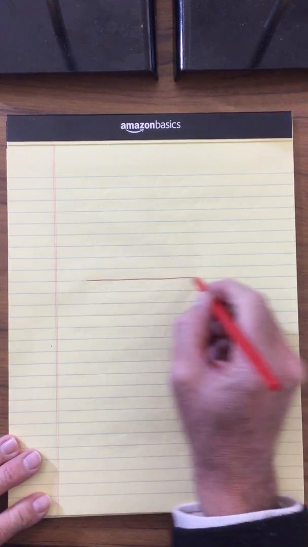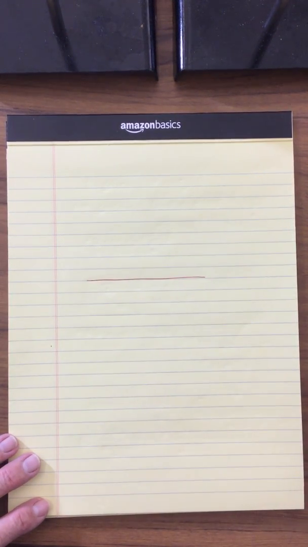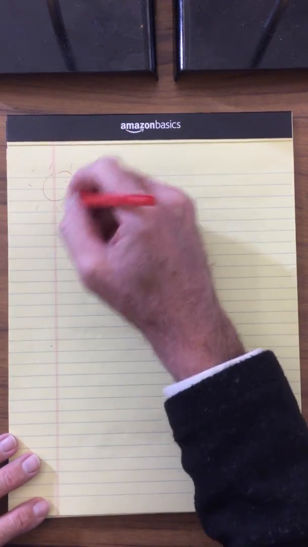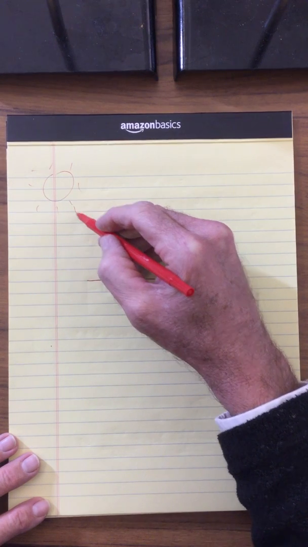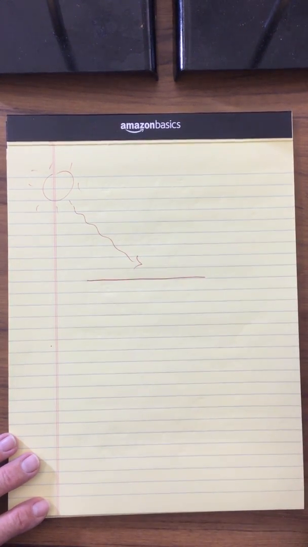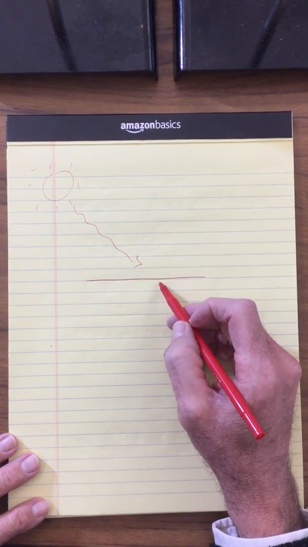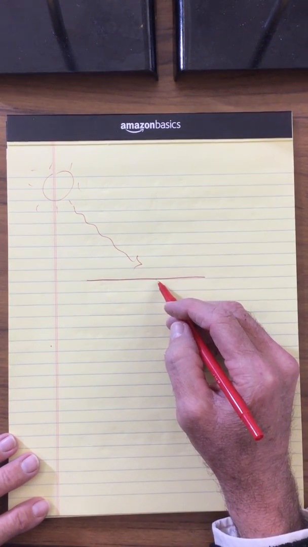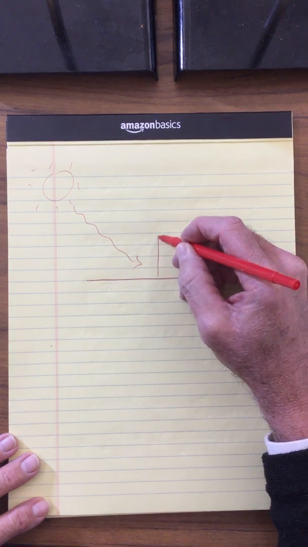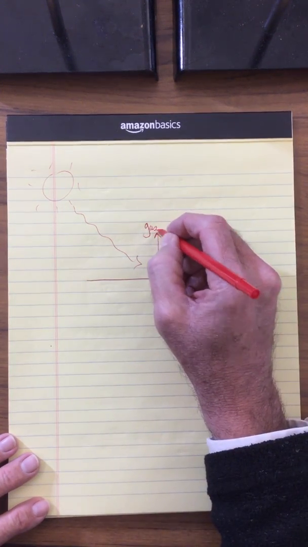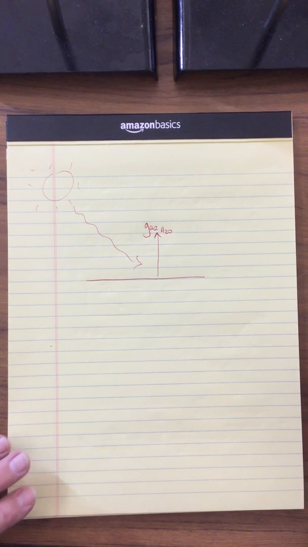So if you have your ground here, if you remember we talked about this when we were looking at lightning, the heat from the sun, especially in these most recent days, is coming to the earth and we're getting more and more sun. This causes the ground to absorb the ultraviolet radiation and visible light, and it re-radiates that as infrared heat. So we have this gaseous water, and you cannot see it because it's gaseous water.